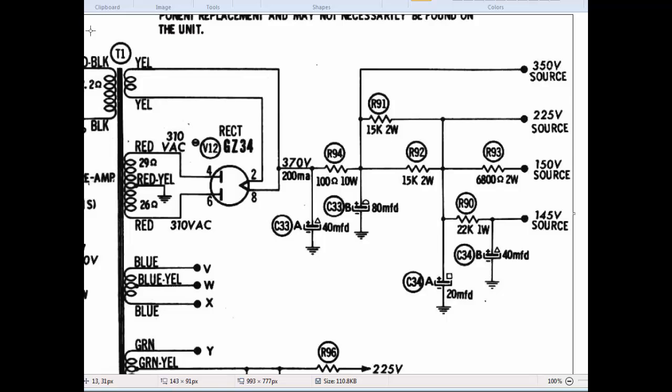This one, through the use of this transformer here, takes what comes out of your wall outlet and converts the voltages to different voltages to then be fed through this rectifier right here. This rectifier is called a GZ34.